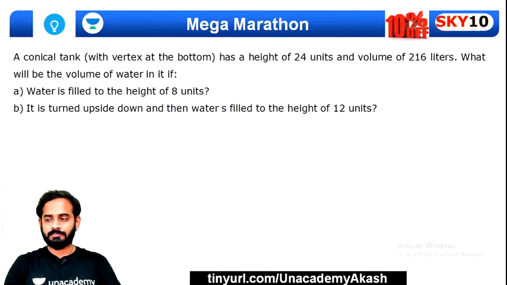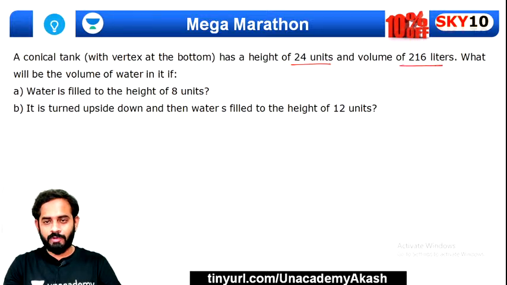Okay, so a conical tank with vertex at the bottom has a height of 24 units and volume of 216 liters. What will be the volume of water in it if water is filled to the height of 8 units? Okay, let us say this is the conical tank, like this.